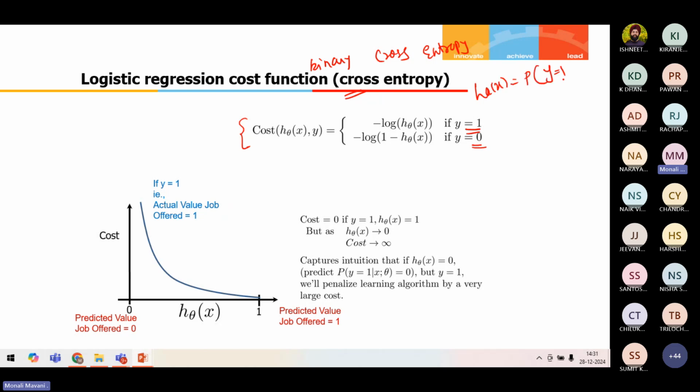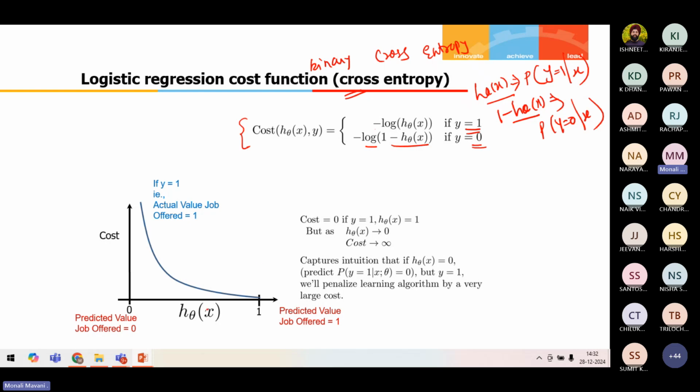It is the probability of class 1 given input features, and 1 minus h of theta x is nothing but the probability of class 0 given input features. That interpretation is used to define this cost function. So for class 0, it is minus log of 1 minus h of theta x, and for the positive class, it is minus log of h of theta x. I'll combine these two equations into one and we'll get one very nice cross entropy cost function.